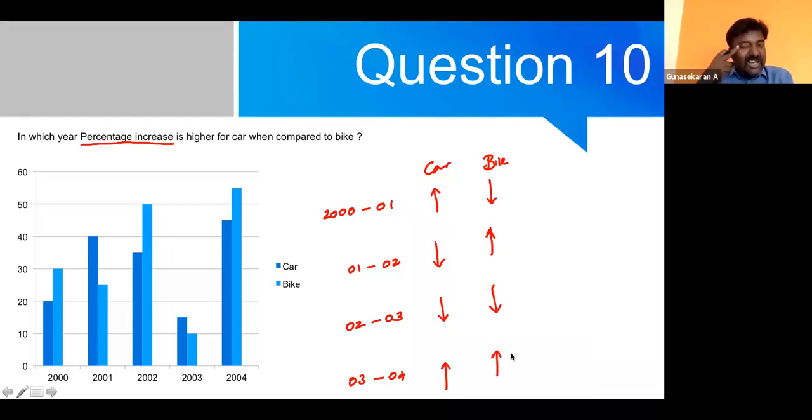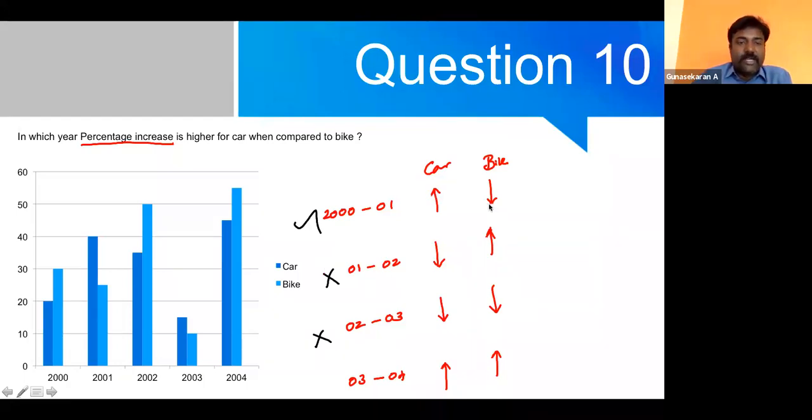So car is increasing and the percentage increase in car is more compared to bike. Understand? Obviously 2001 to 2, 3 not possible because it is decreasing. In 3, 4, if you see, car is increasing this much but bike is increasing too much. Understand? So obviously this is the only answer. Car is increasing and bike is decreasing.